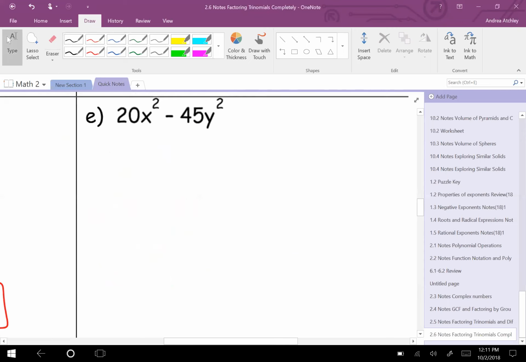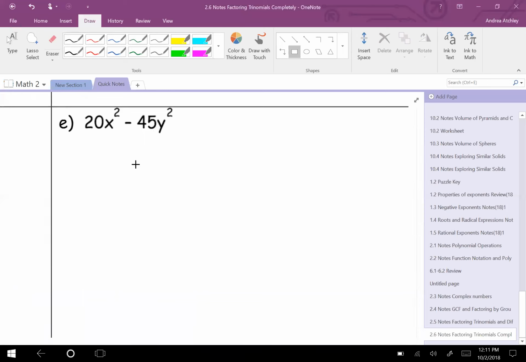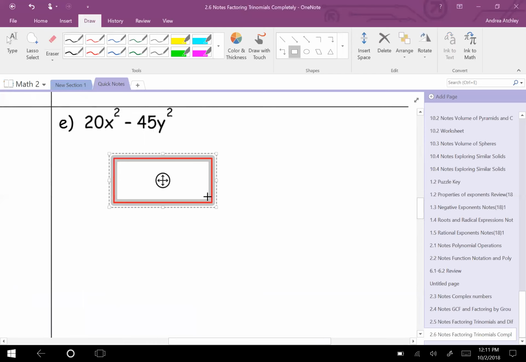Okay, next one. Again, we're going to start with that GCF. So we have our 20x squared and our negative 45y squared. So what can they both be divided by? 5. Let's pull out a 5. Then 20 divided by 5 is 4x squared.